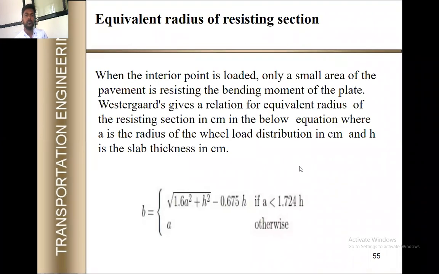Then they have also given one new formula, that is the equivalent radius of the resisting section. Means what? When the interior point is loaded only over a small area. Whenever we give the load by the weight to the pavement, it is given on a small area of the pavement.